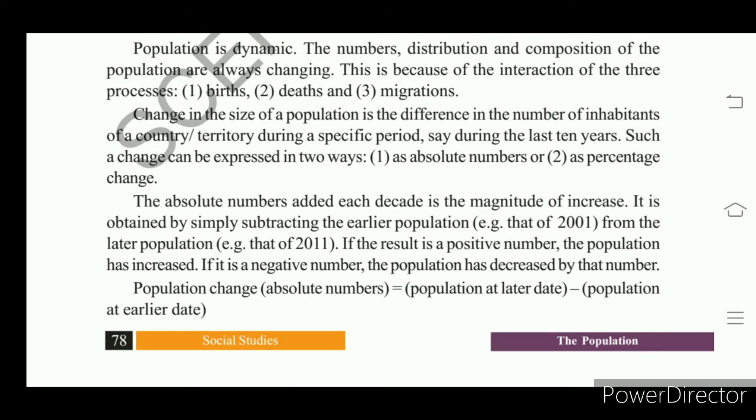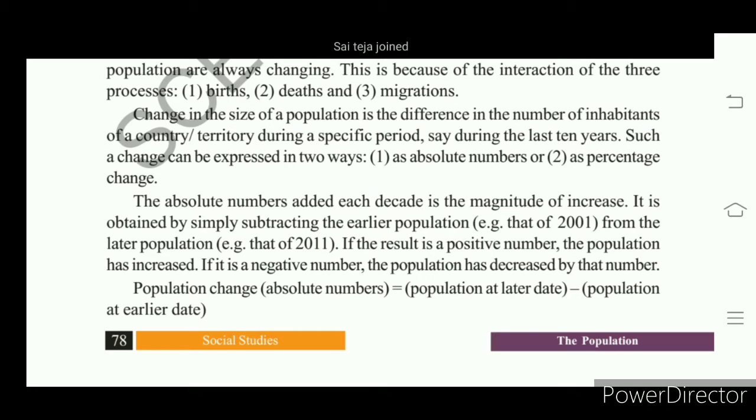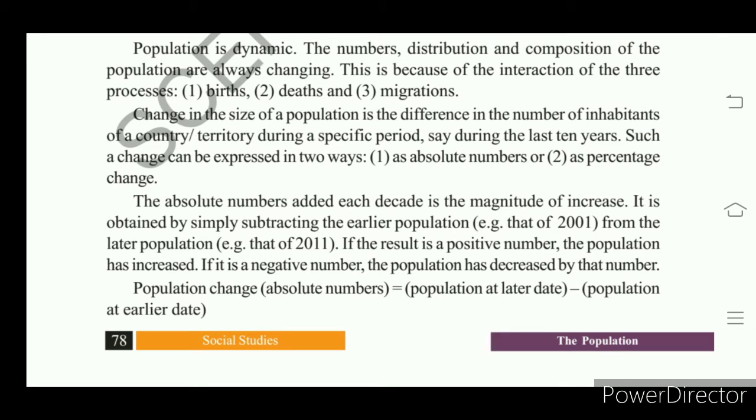Or, for example, actually it has not happened, just imagine that in the 2011 census the population is 1 or 2 crores, and by 2001 it would be 121. Then you will get a minus figure. It means that the number of people decreased. If you get a negative number, you have to understand it has decreased. If you get a positive number, you understand the population increased.